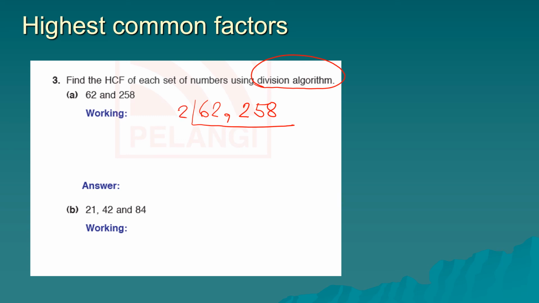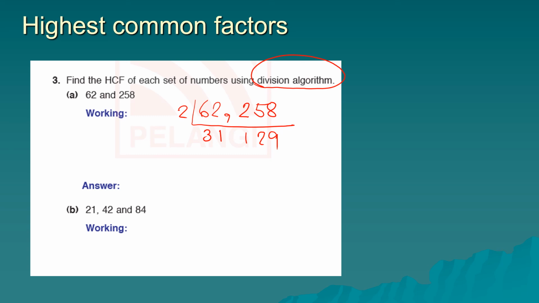So we have here 31. 31 is a prime number, remember? That's 1, 2, and 9. Now, since 31 is a prime number, the only factors that can divide 31 are 1 and 31. If I cannot divide 129 by 31, it means that 2 is the highest common factor.